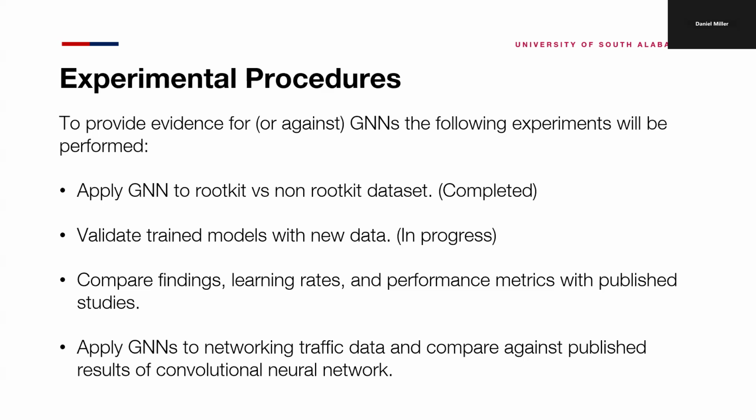After I validate my results and know that I have some working graph neural network models, I want to compare them to existing research papers and see how this stacks up against the other methods. I want to apply these not just to rootkit detection data, but also to network traffic data, just to see what works and what doesn't work with graph neural networks, and if they can have a higher or lower accuracy.